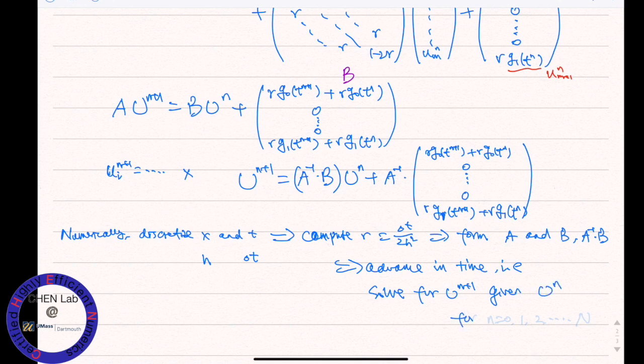That is a process when n is 0, 1, 2, and so on, all the way to capital N. Know u^0, you calculate u^1. Know u^1, you calculate u^2, and so on and so forth.